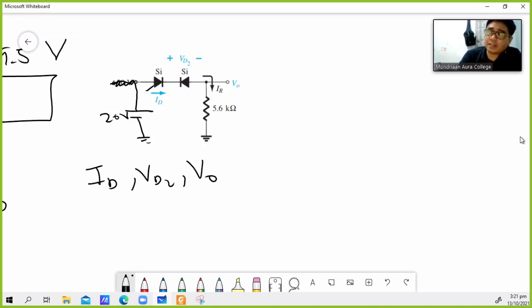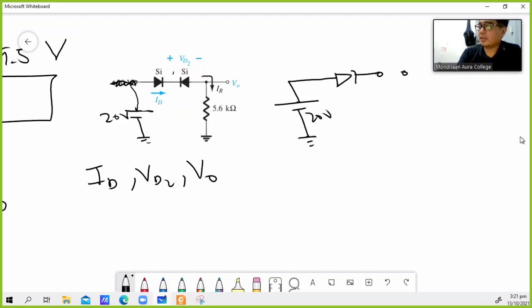So positive yung cathode, negative yung anode mo ngayon. So I will draw the equivalent circuit of this one. Since naka-reverse bias siya, it will appear as if naka-open circuit siya. So this is your equivalent circuit.